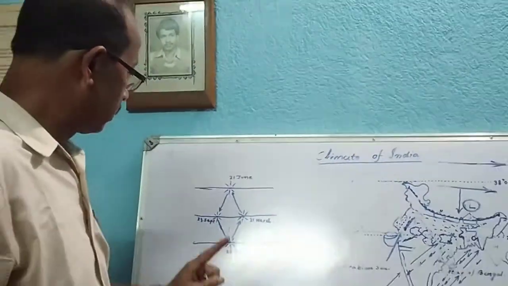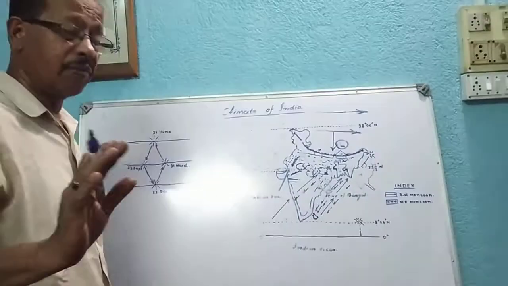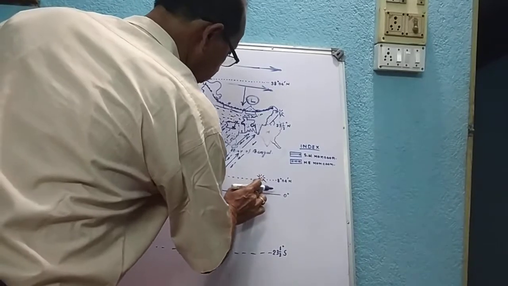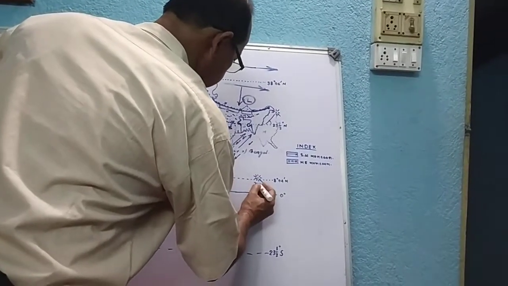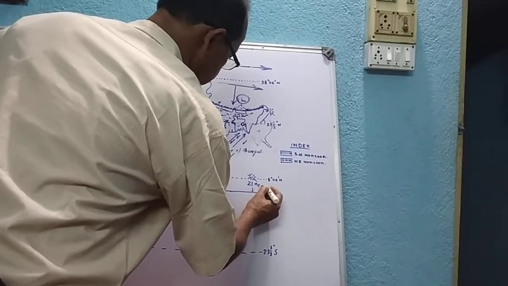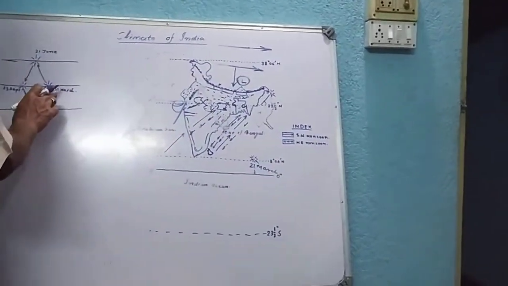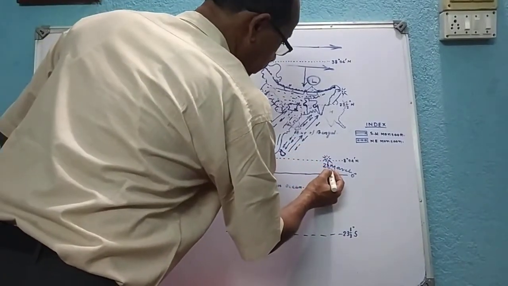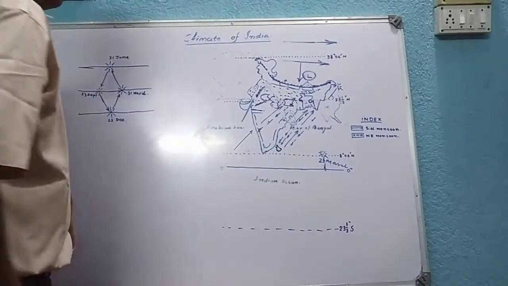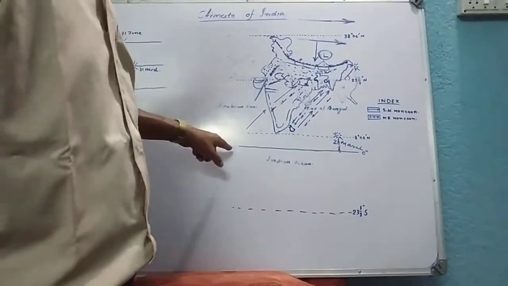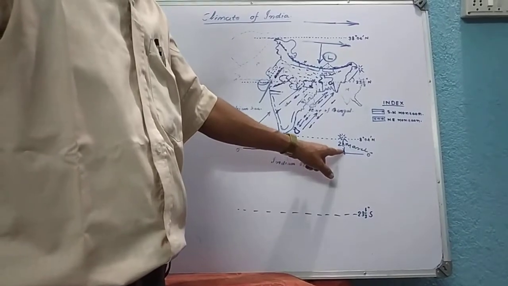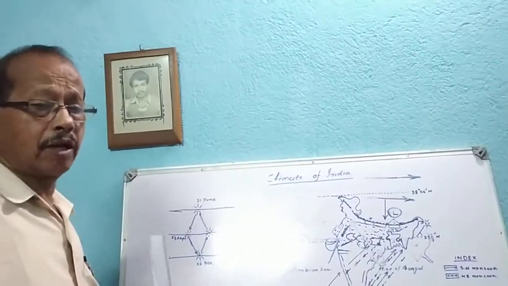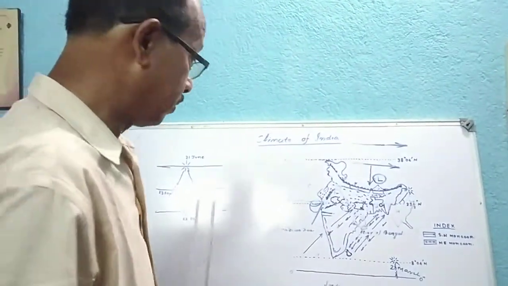I would like to start the topic from summer. When is it summer? This is your 21st March. On this day, the sun is over the equator. The stations along the equator receive perpendicular sun rays, which means temperature is maximum along the equator and equatorial region.